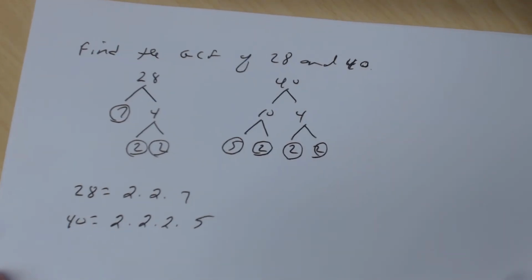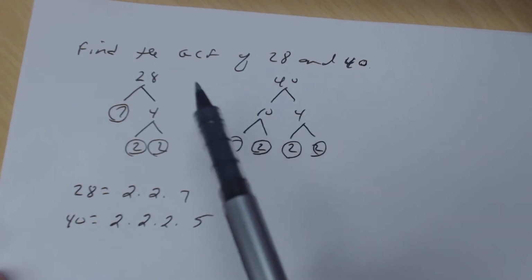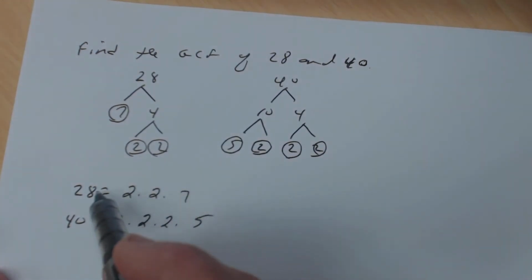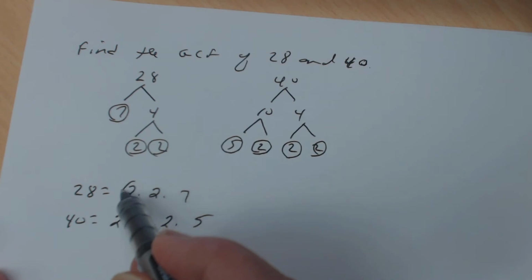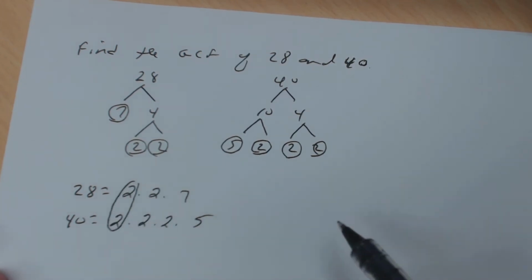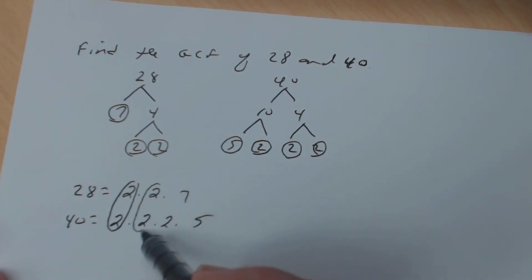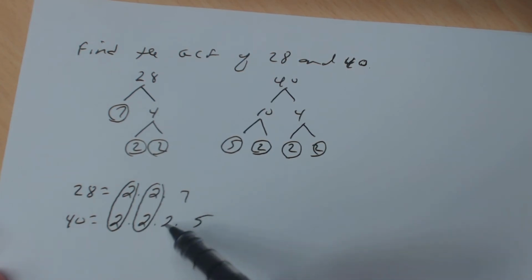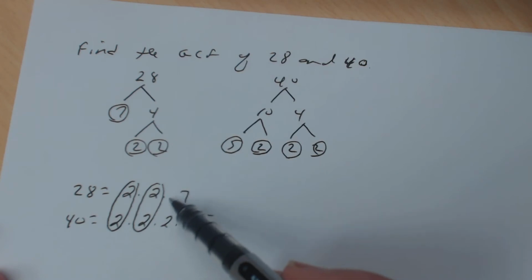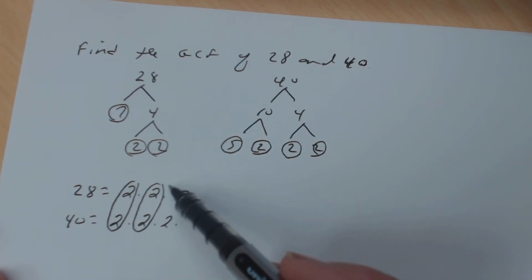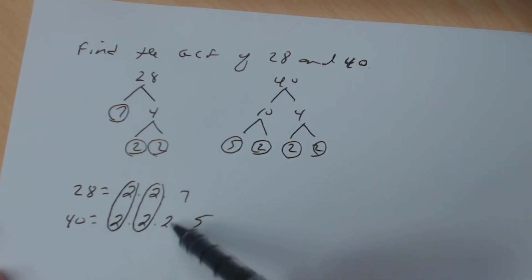Okay? All right, so again, we're going to look for the common factors. So 28 and 40 have this set of 2's as a common factor. They have these 2's as a common factor. And here's an extra 2 for 40 as a factor, but I don't get an extra 2 as a factor for 28, so I can't circle that one.